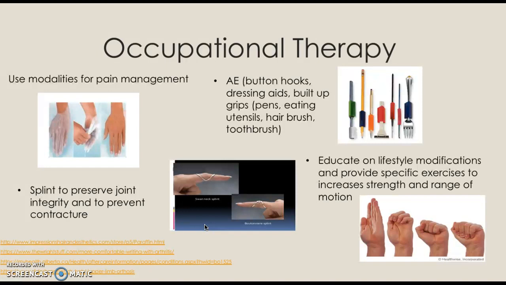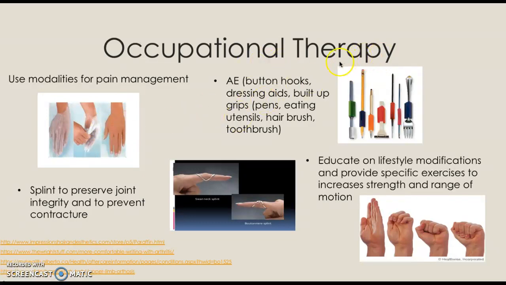So I wanted to just briefly mention how occupational therapy can be beneficial for someone suffering with RA. We can help with pain using modalities, and here is a picture of a paraffin dip that can help to alleviate pain from swollen joints.